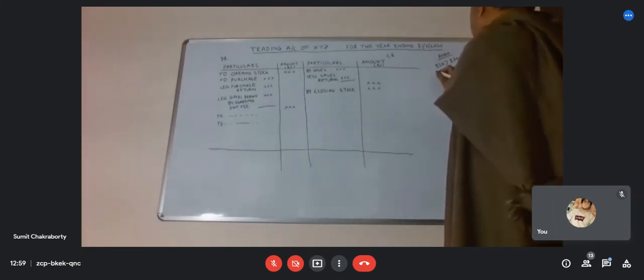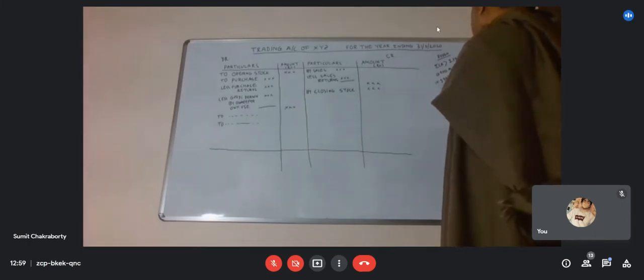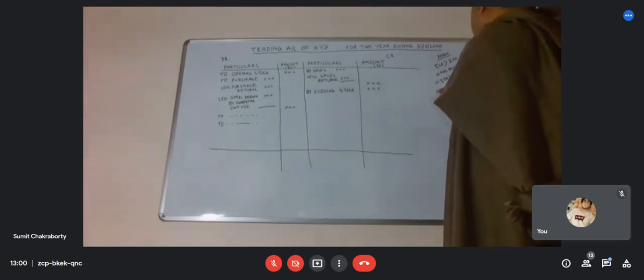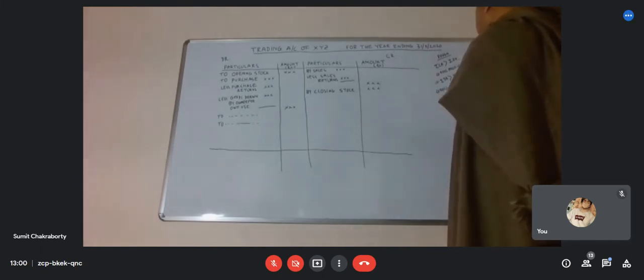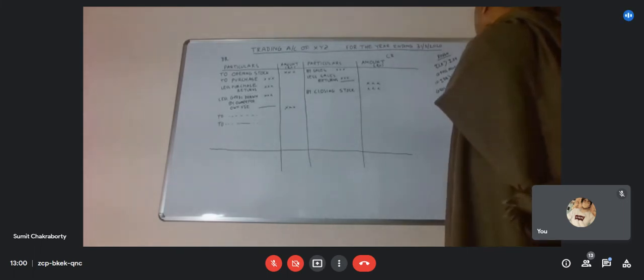If sigma debit is greater than sigma credit, it is gross loss, equal to sigma debit minus sigma credit.